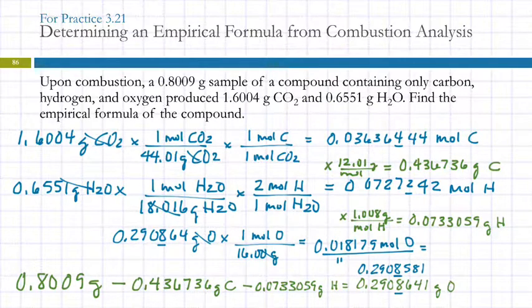So that's going to give us 1. And so I need to divide all the other ones by that same number, 0.018179, recognizing that it's probably a little bit off, but it shouldn't matter ultimately.